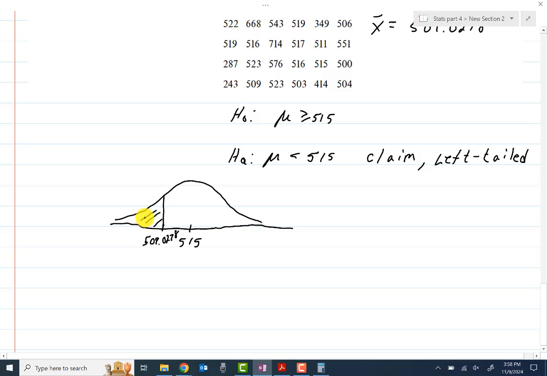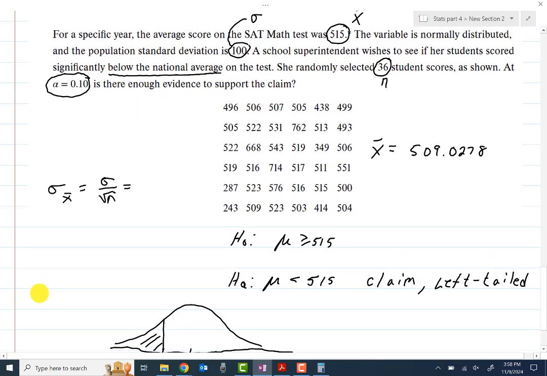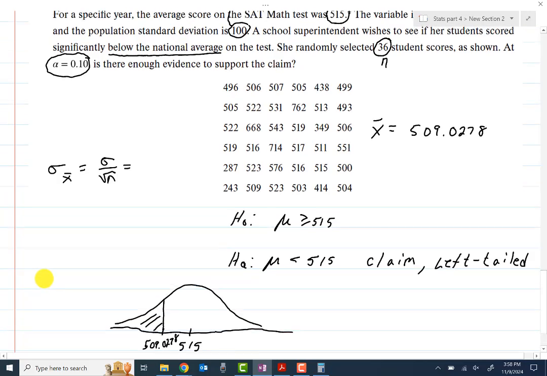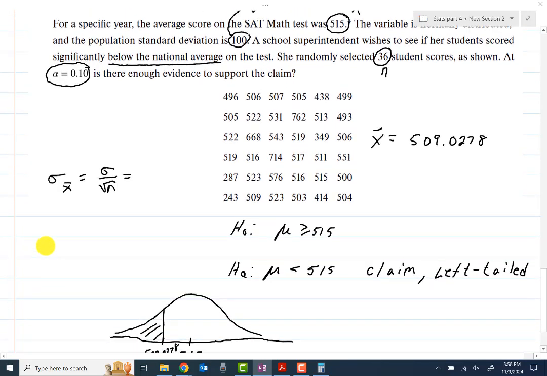And now let's go ahead and get our z-score. And in the denominator, I need sigma sub x bar. Sigma sub x bar equals sigma divided by the square root of n. Sigma was given in the problem as 100, and n was 36.